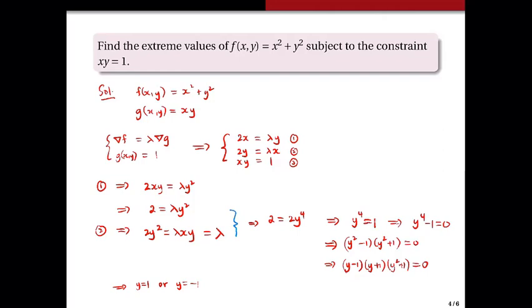So if y equals 1 or -1, then lambda will simply be equal to 2 from this equation here. Then from star, lambda equals 2.